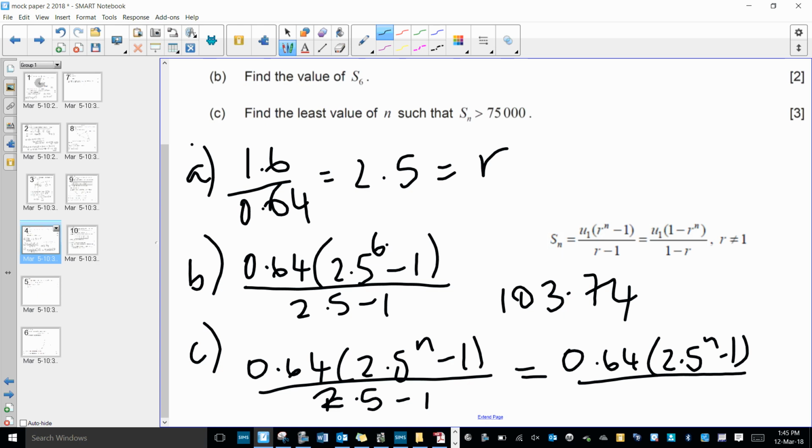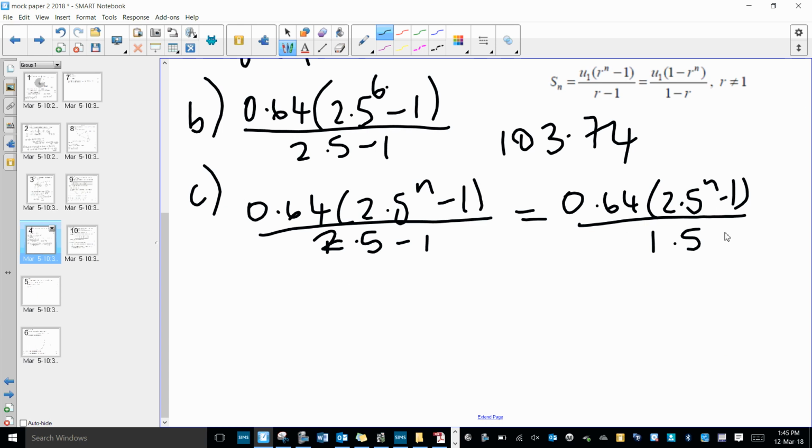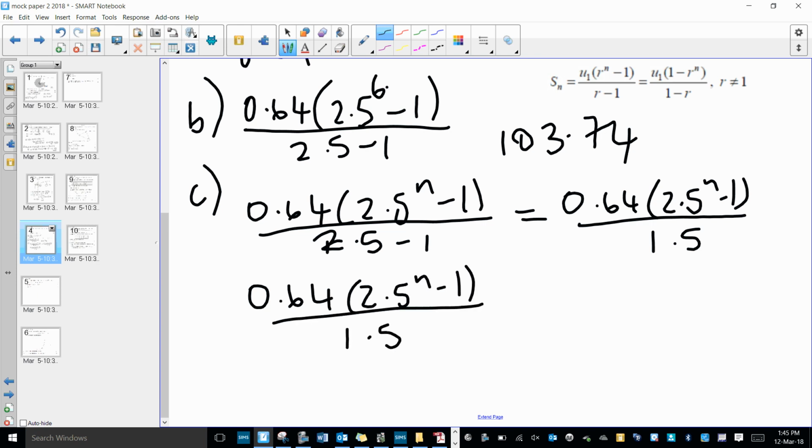So that's my expression for the sum of n terms. I'm going to find out when it does equal 75,000.